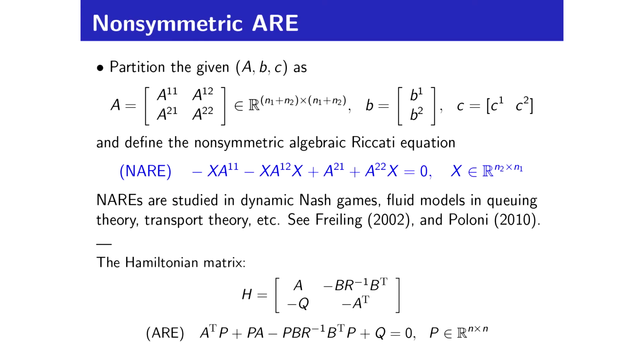So now we introduce a nonsymmetric ARE. The partition is given. We use a superscript to denote that this is the given data, computed from real data using the subspace method. And 1 and 2, as I mentioned before, are the orders of the transfer functions in the partition, and we define a nonsymmetric ARE. If the A matrix happens to be the Hamiltonian, then we have the well-known Riccati equation for the continuous-time regulator system.